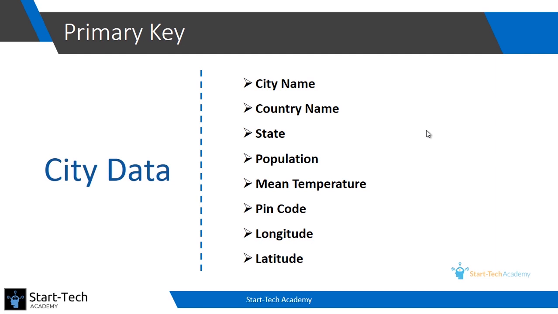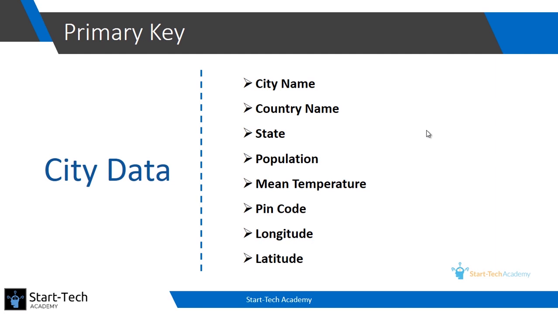Now let's go one by one over each of the given fields. Our first field is city name, but there can be multiple cities that have the same city name. In fact, we have a city named Rome in all the continents except Antarctica. So we cannot assign city name as a primary key for this table. Next is the country.